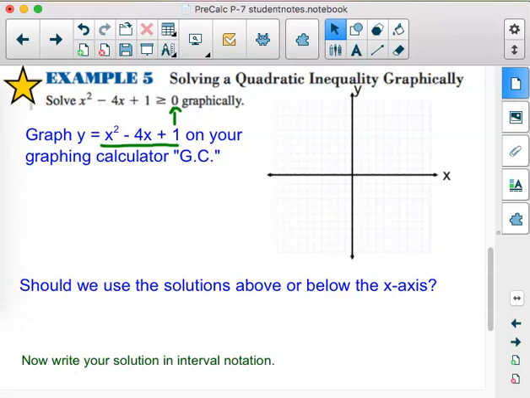So I'm going to make a little sketch with my 0.268 and my 3.732.